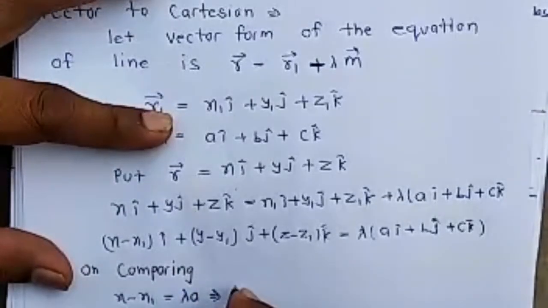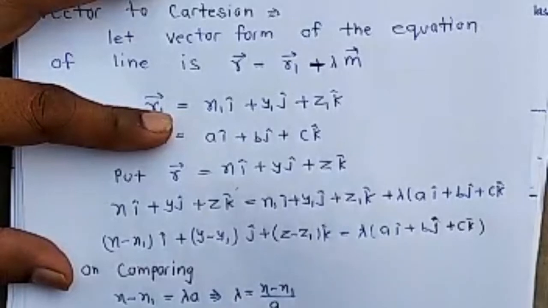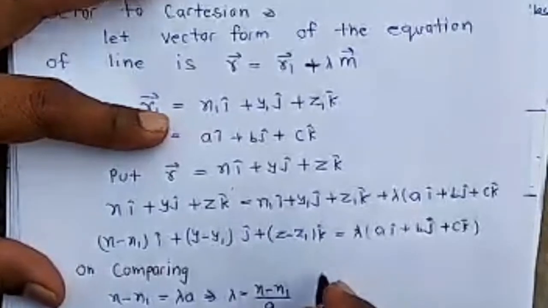The value of lambda is x minus x1 upon a, y minus y1 upon b, and z minus z1 upon c.